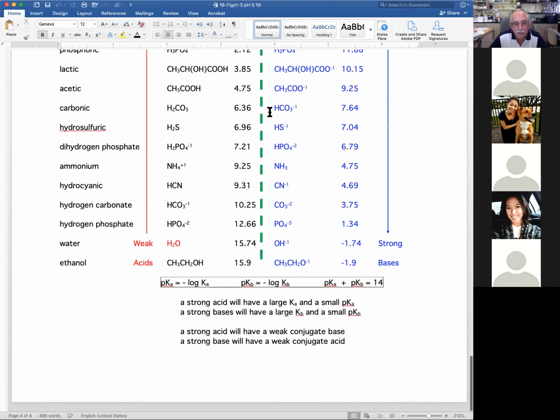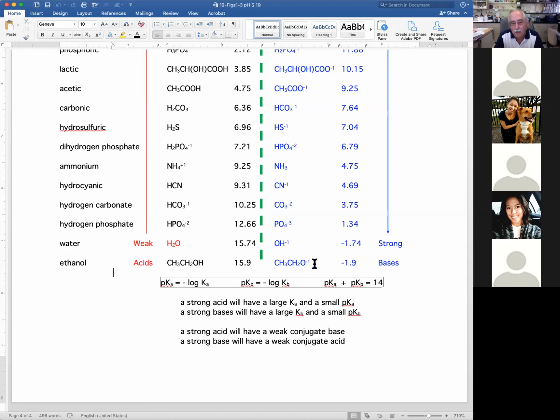If you go to the other end, here's ethanol. Ethanol is not acidic. You put ethanol in water, it doesn't change the pH at all. So here's the hydrogen that could be made to be acidic, but this is an extremely weak acid. But what if you forcefully take off that hydrogen ion right there, and now you make it into a base? Well, that's now going to become an extremely strong base.